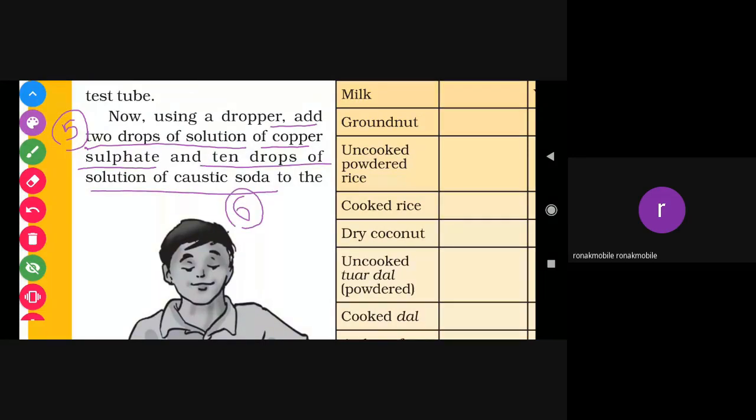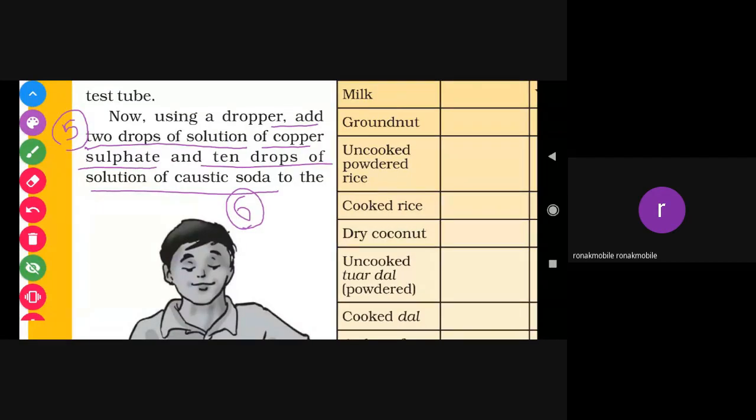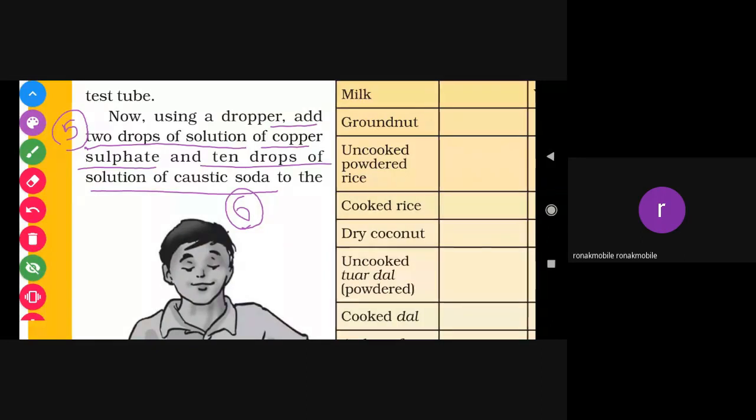Okay? There are 6 steps in total. First of all, take a food item, make a paste out of it, or grind it, or make it in a powder form. Then add 10 drops of water. Then shake well. Then add 2 drops of copper sulfate solution and then 10 drops of caustic soda.